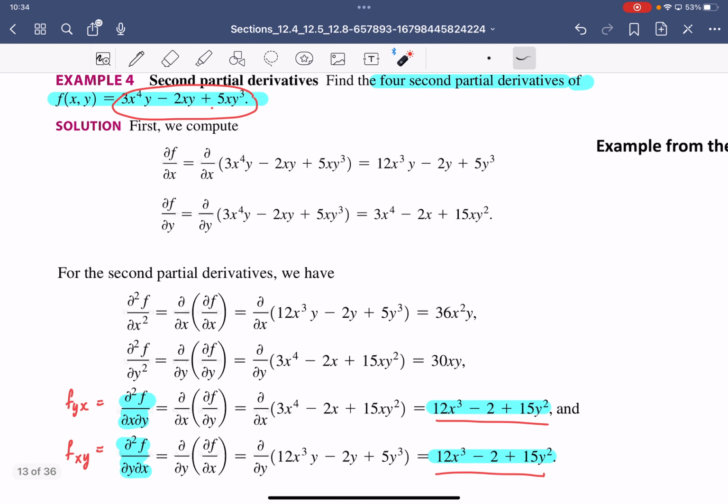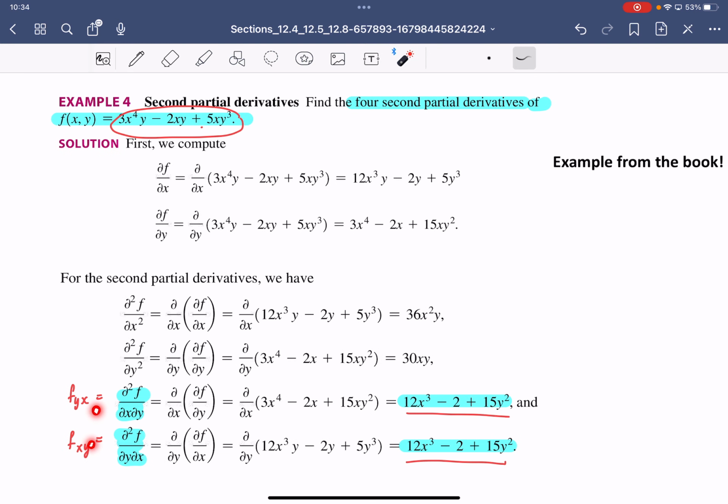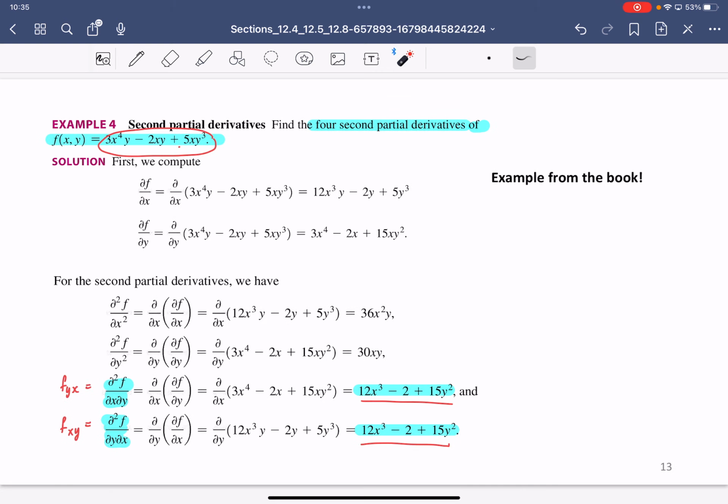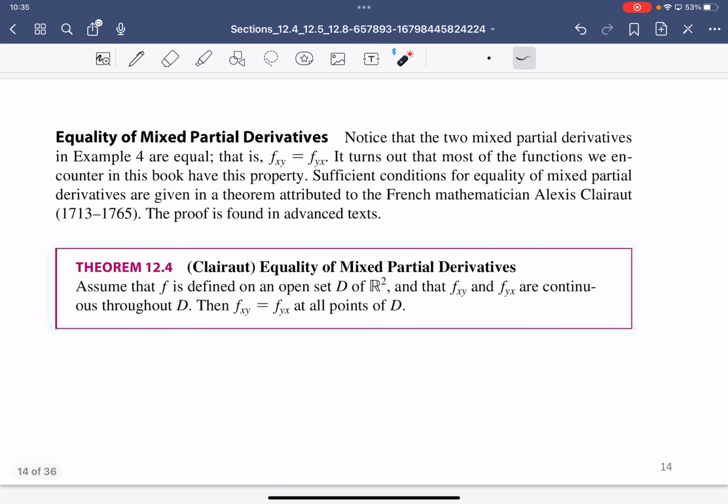So the good reason is, if they are actually the same, we can compute just one and then say that it is equal to the other one. So it's gonna be shorter time to compute. But the theorem is here.